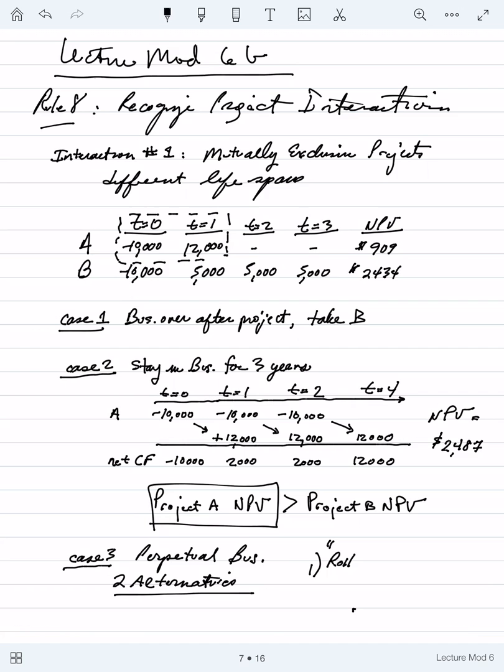We'll say roll the project cash flows forward. And the second option, I'll list it here first and then explain a little more. The second option, we'll call it the equivalent annual annuity. We're going to calculate an equivalent annual annuity.